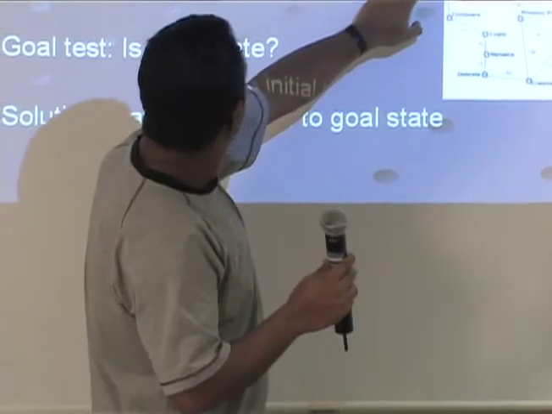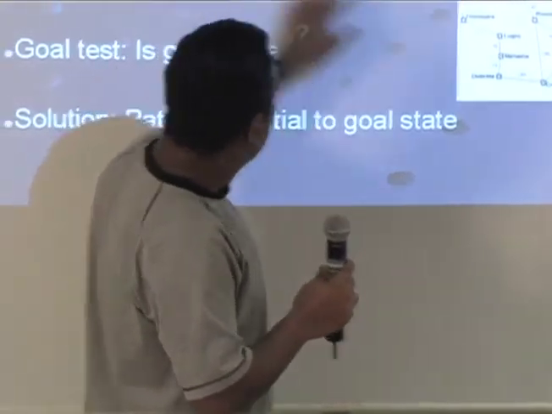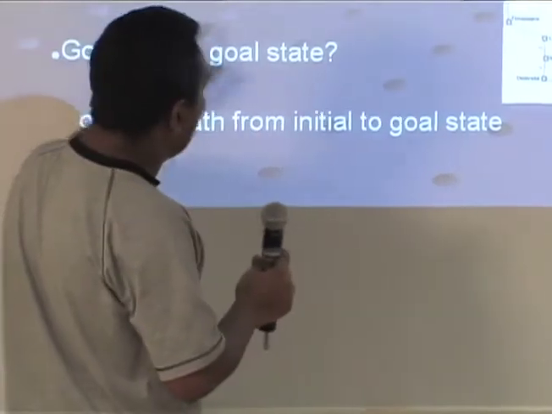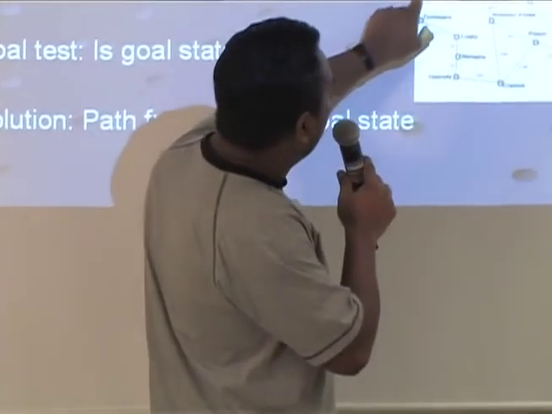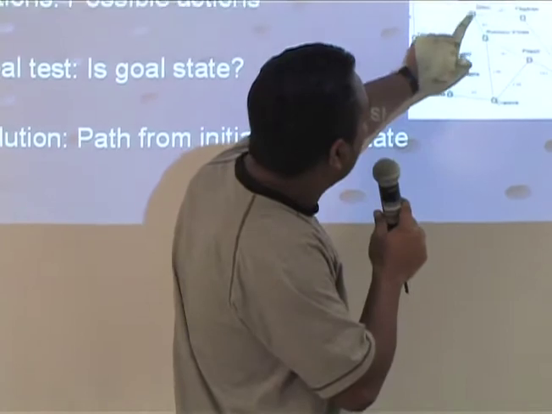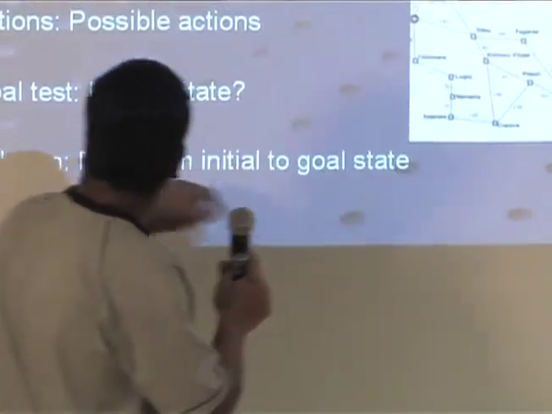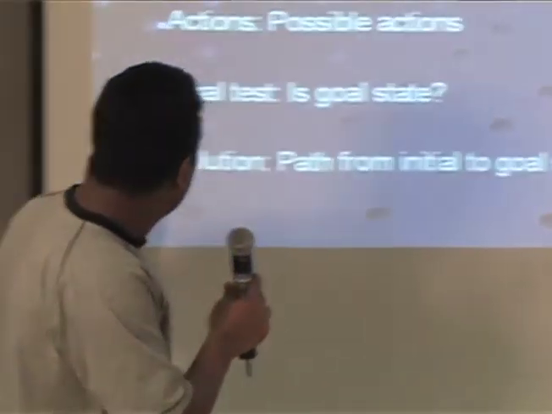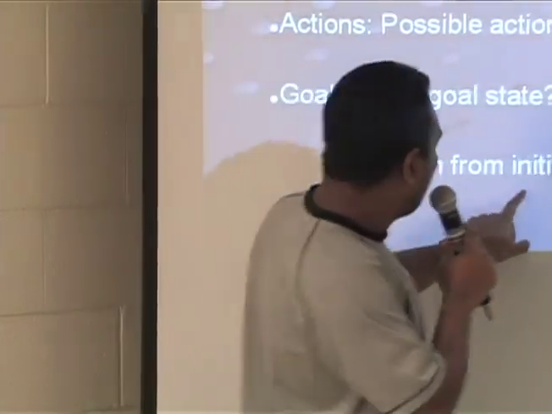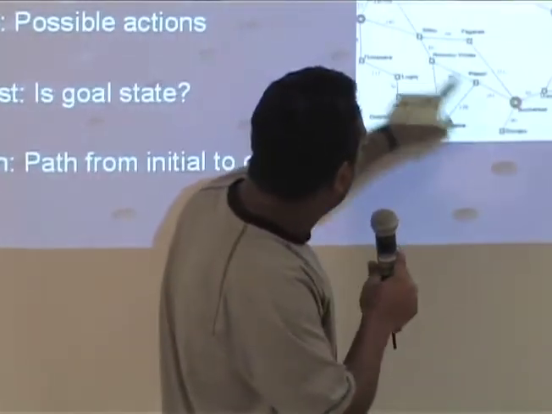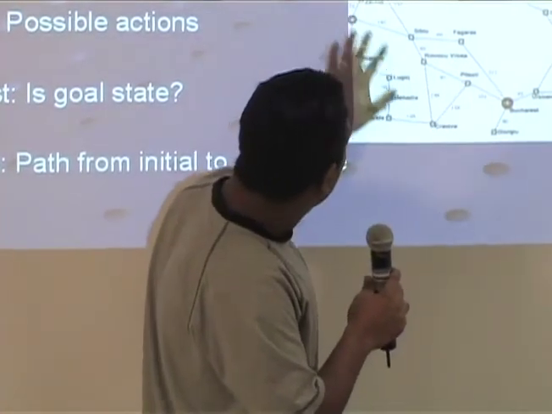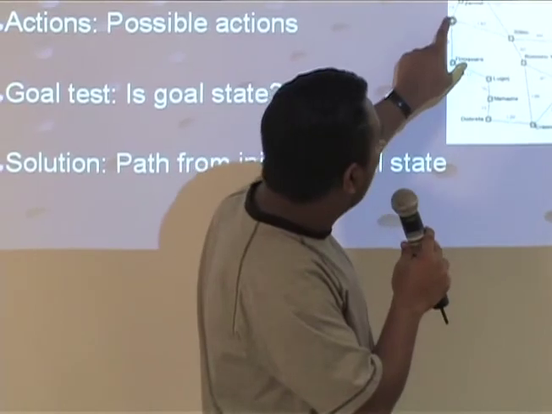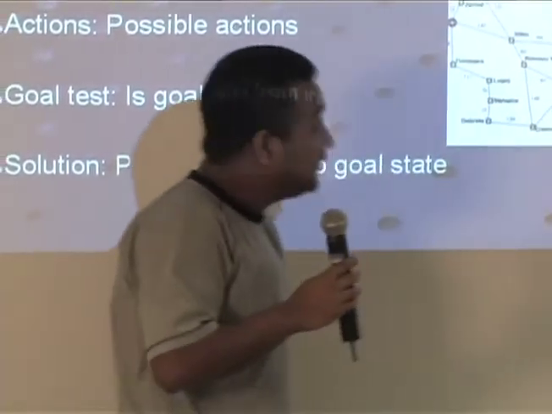The state space is the whole diagram, and actions mean moving from one node to another node. The goal test checks whether the goal state has been reached or not, and the solution is the path from the initial to the goal state, like from this node to this one. So the computer system will automatically calculate the best path to go from the source to the destination.